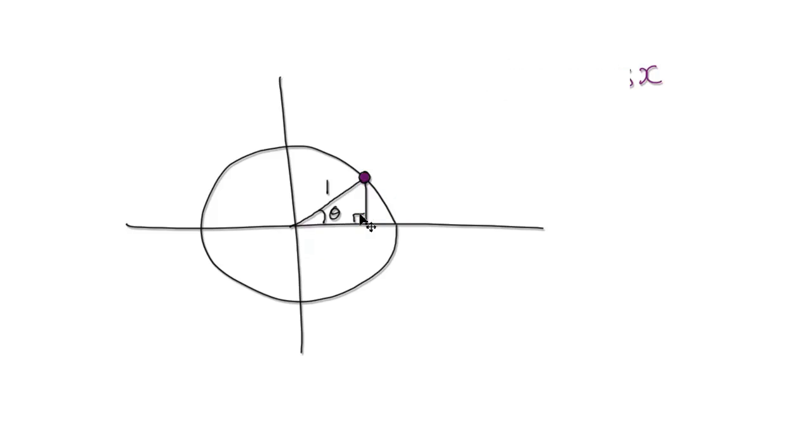So if you imagine the particle moves around, and this is our angle here, theta, then if you sine theta, it will give you the height. If you cos theta, it will give you the length. You can see that here the height is bigger than the length.